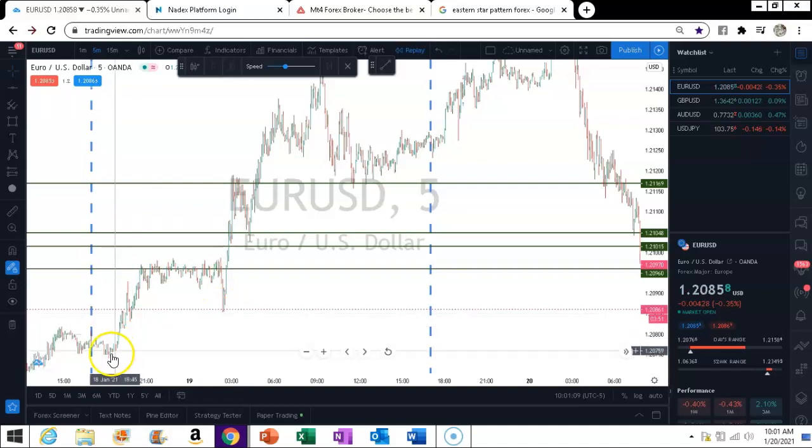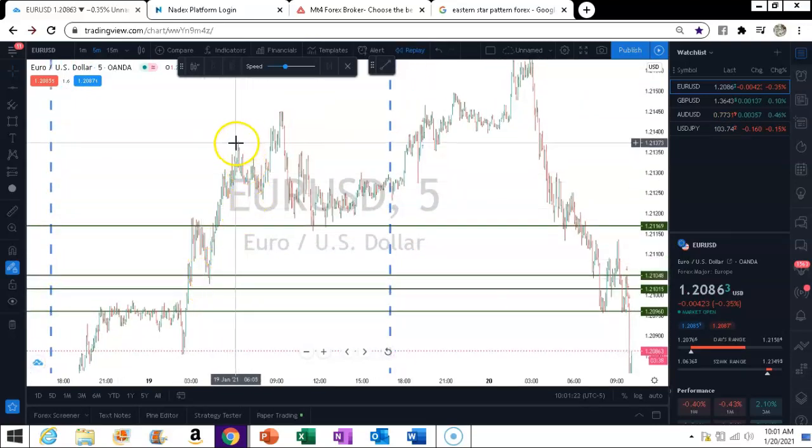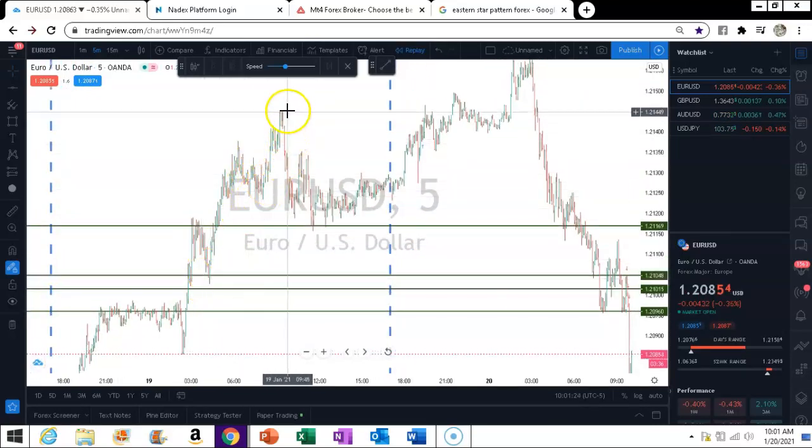This low is higher than this low. Then it would move up and create another higher high. So by the time you've gotten to your third, you know you're trending up. Okay, so higher low, higher high, higher low, higher high, then a lower low, indicating the possibility of a change in direction.